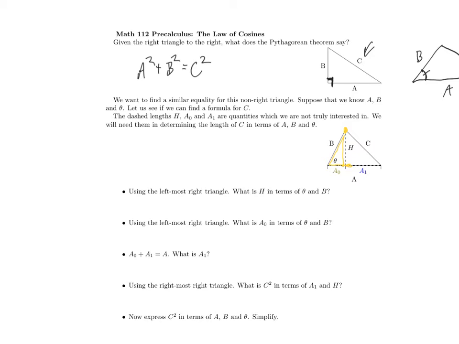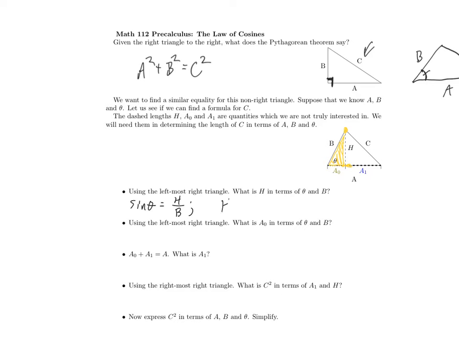So let's look at this and see what we can do. This yellow triangle is a right triangle, and I can use that fact to figure out things. I'm interested in formulas which involve theta and b, so I should think that I know theta and b and try to figure out everything else. Well, I can figure out h in terms of theta and b. h is the side opposite theta, b is the hypotenuse. So by SOHCAHTOA, sine theta is equal to h over b.